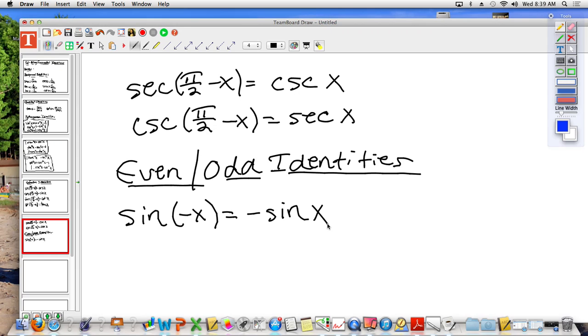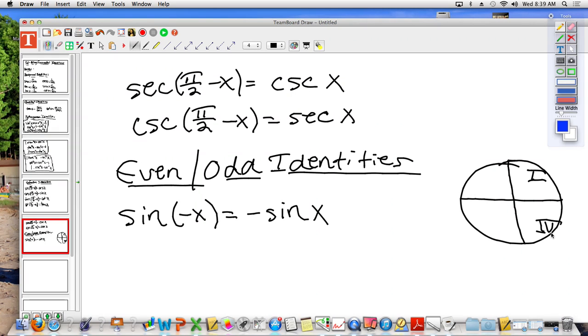So what that means is, I'm going to draw just a really quick sketch of the unit circle. I'm not going to explain every single one of these, because I think once I explain one, you'll get the gist of what I'm saying. If we are in quadrant 1, and this is quadrant 4, our sine values, remember sine values are our y values.